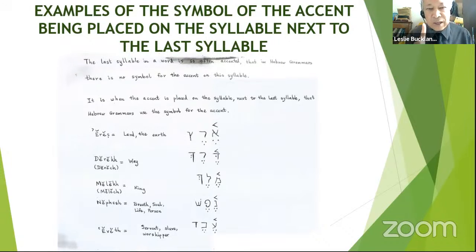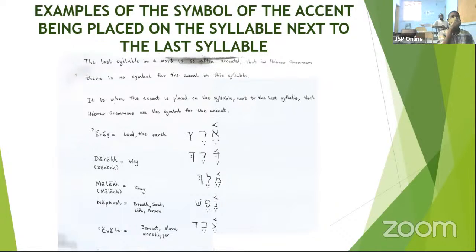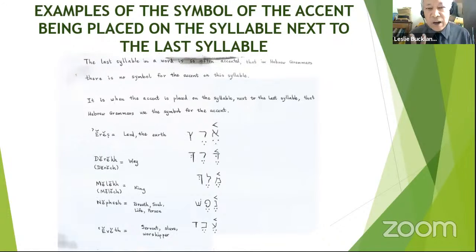Number one, the last syllable usually is accented, so it doesn't need any accent symbol like an arrowhead. Number two, the syllable before the last syllable is the only other syllable in a word that can be accented. Although it is usually not accented, if it is accented at all, that is the only remaining syllable of a word that can get an accent.